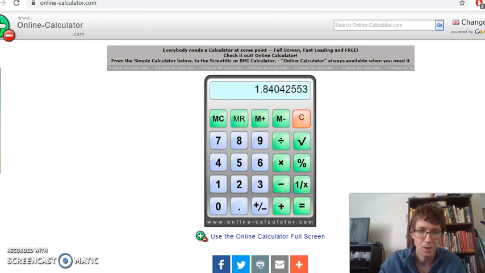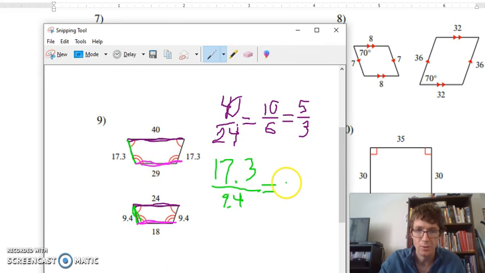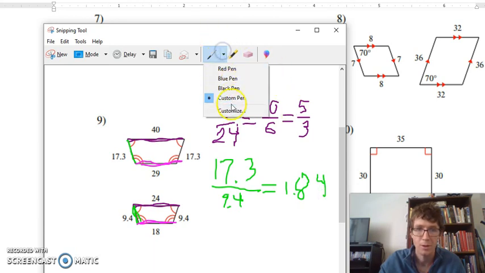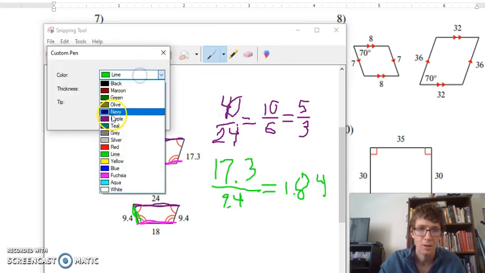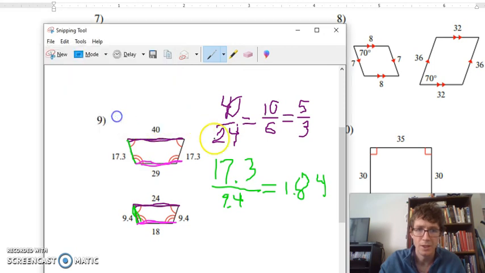1.84. So that's interesting. This gave you 1.84, and if you remember, the 5/3 was 1.667.